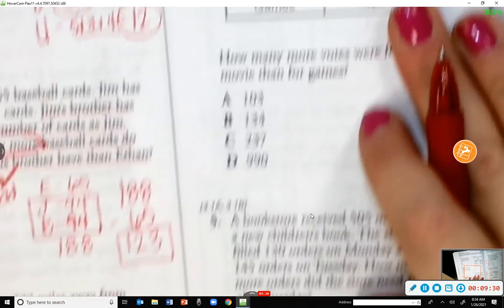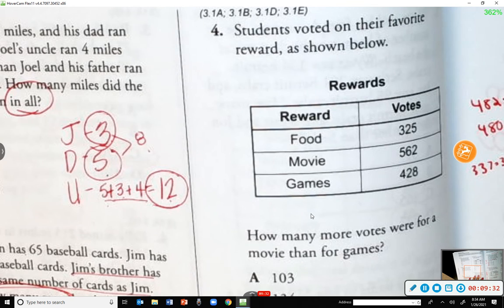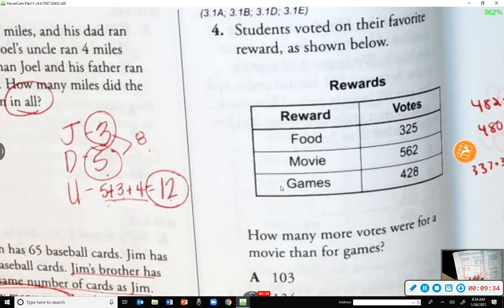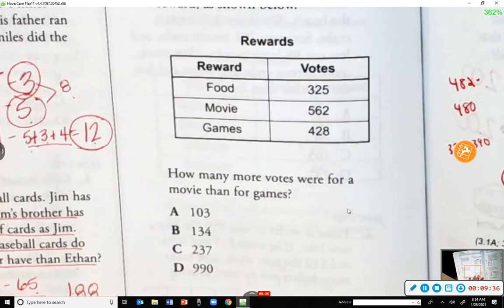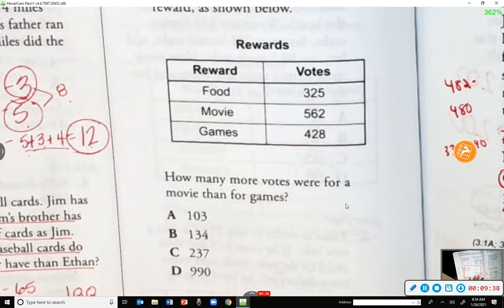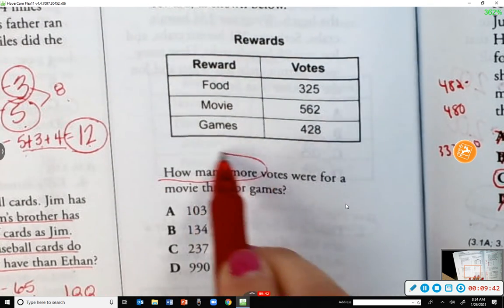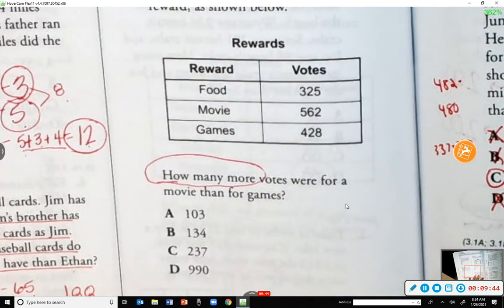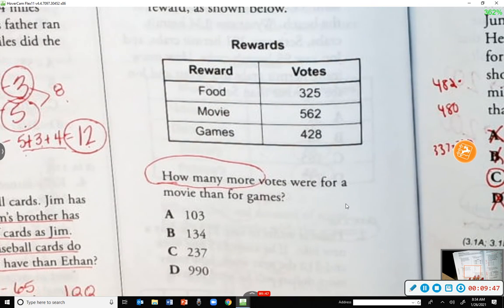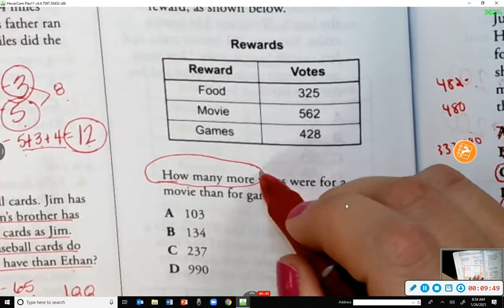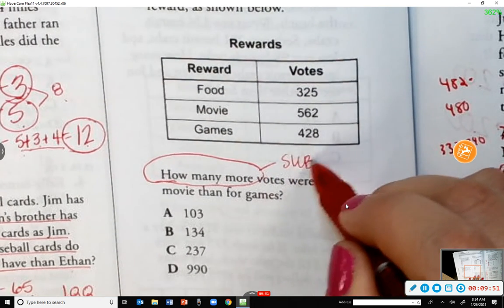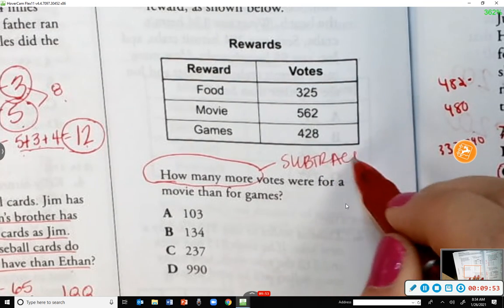Okay? Number 4. Students voted on their favorite reward as shown below. How many more votes were for movie than for games? Oh, I hear a key word. How many more? What am I going to do, Bryson? Subtract. Okay.